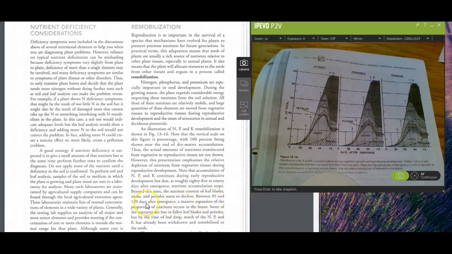So between 85 and 120 days after emergence, the massive expansion of the portion of nutrients occurs in the beans or the fruits. Some of the nutrients are lost in fallen leaf blades and petioles, but by the time of leaf drop, much of the nitrogen, phosphorus, and potassium has already been withdrawn and remobilized to the seeds. So up to 84 days after emergence, it's in all the plant, and then it starts remobilizing into the seed itself.